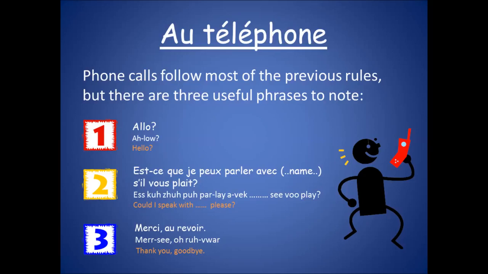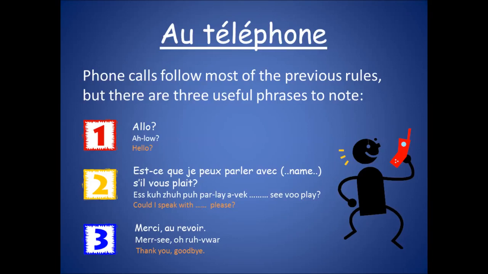So let's just say the person's name in this case is Bob, just because it's nice and simple to remember. Okay, est-ce que, so that's could I or can I? Je peux. Okay, that needs to be with the est-ce que. The est-ce que is the actual start to a question. That's how we make a question. The je peux is can I. Parler is to speak.